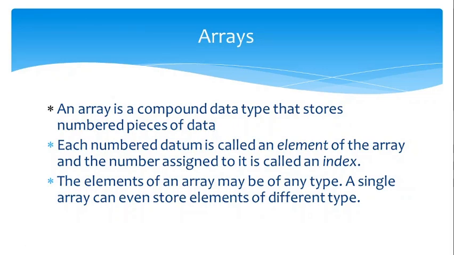Each numbered datum is called an element of the array, and the number assigned to it is called an index. I will show an example, then you will easily understand that.